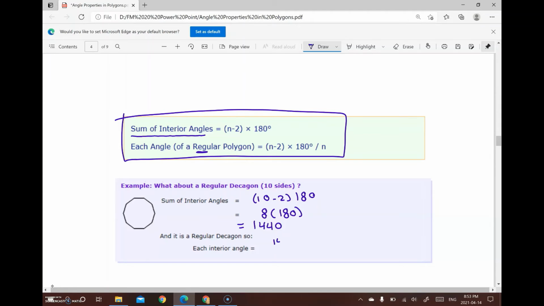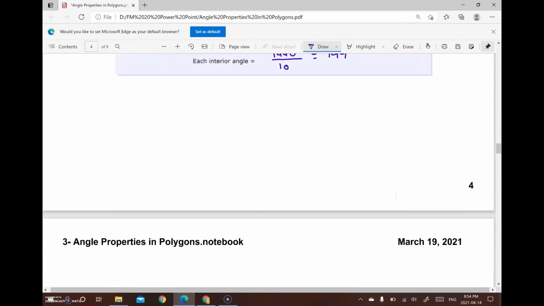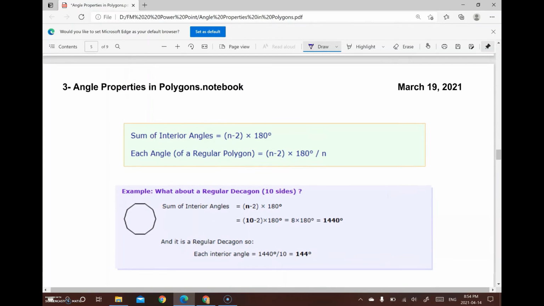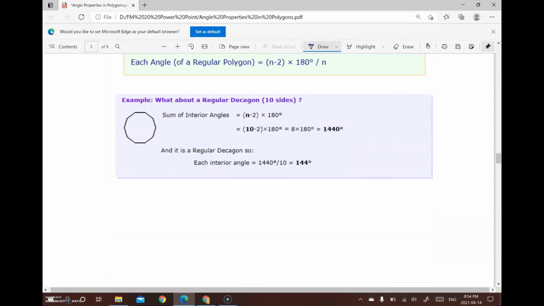So if I wanted to solve for just one angle, I would take the sum of all of them, 1,440, and divide it by the number of sides, which is also equal to the number of angles. So there's 10 angles in a decagon. So each angle is 144 degrees. And there's your slide with the answers.